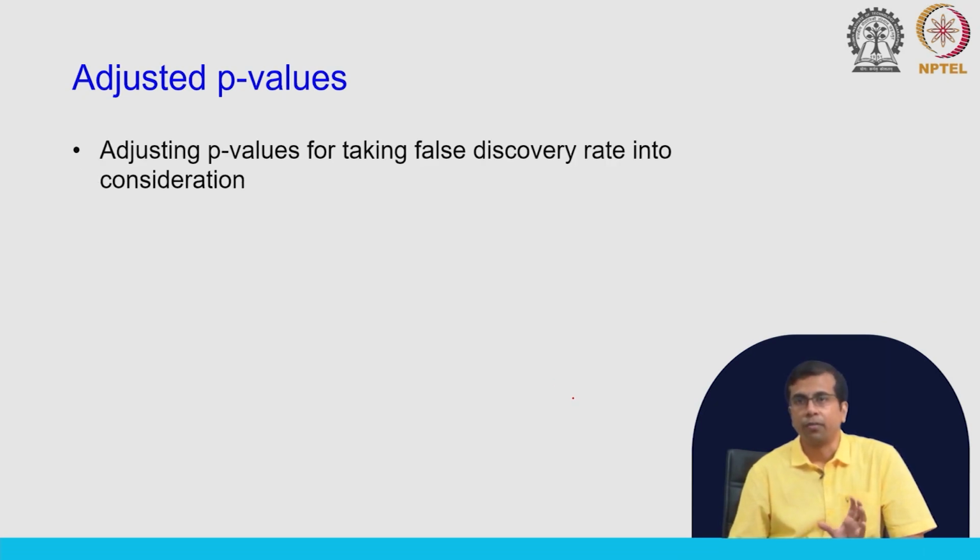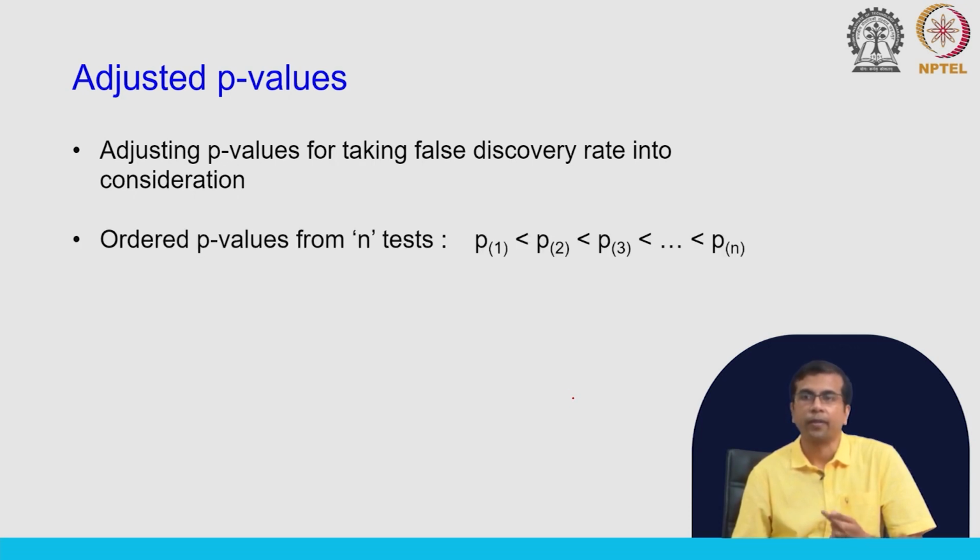These adjusted p values are calculated from the original p values of the statistical test by taking the FDR, the false discovery rate, into consideration. And I will give you the formula for how we calculate these adjusted p values.